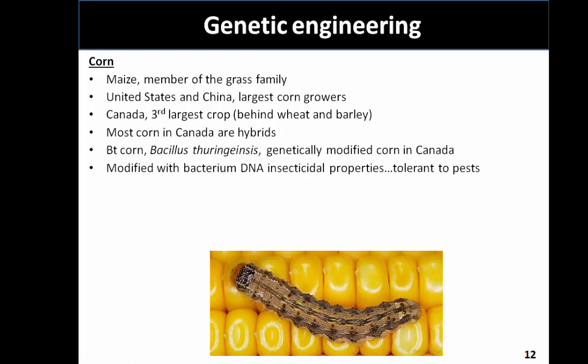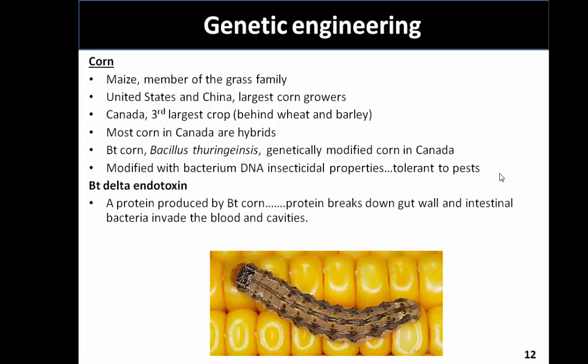The bacterium's DNA has what are called insecticidal properties, and one of the concerns with growing corn is damage induced by various pests. Bt delta endotoxin is a protein.